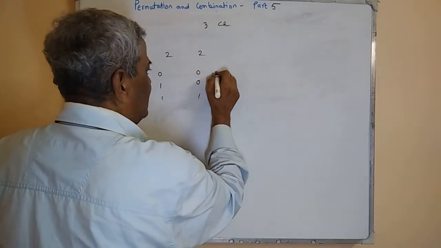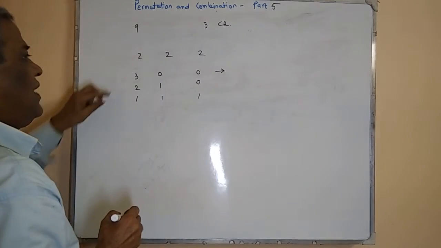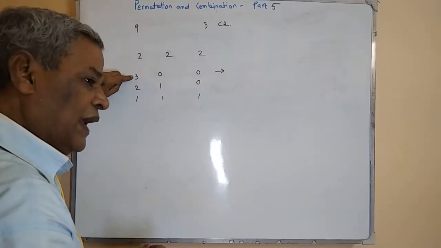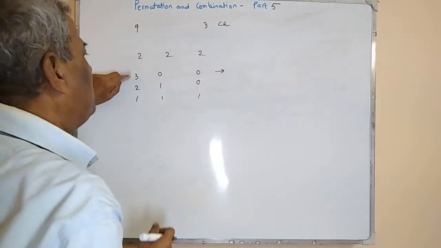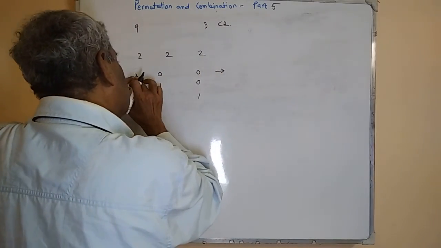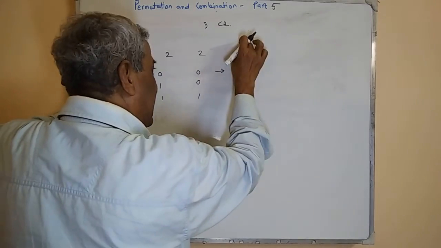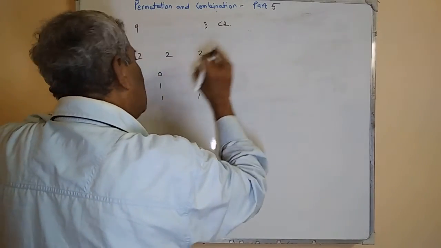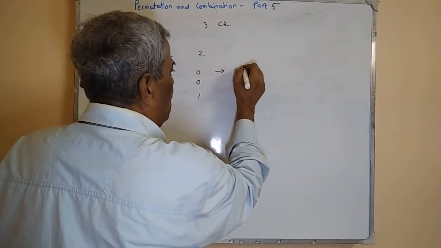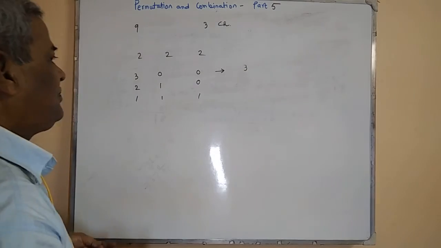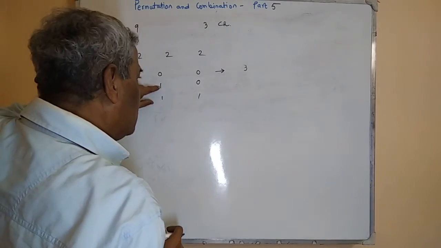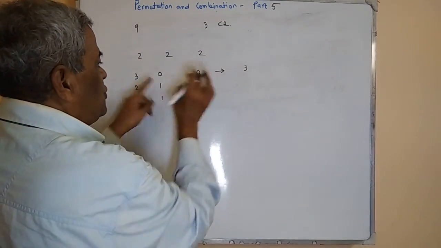In the first case, 3 balls go to any one child. Three children are there, so the 3 balls go to A, or to B, or to C. So 3 different ways. Next, one boy gets 2, one boy gets 1 and the rest get 0.